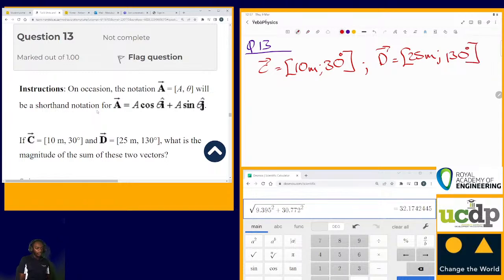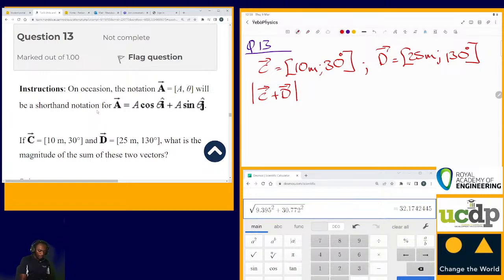What is the magnitude of the sum of these two vectors? So what the question is looking for is the... sorry, I'm used to vector A. This time we have vector C. So this is what the question is asking, okay?